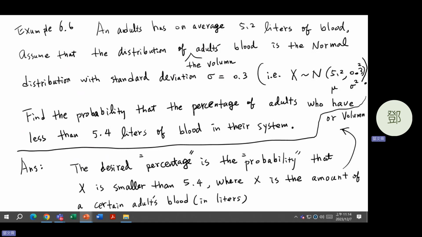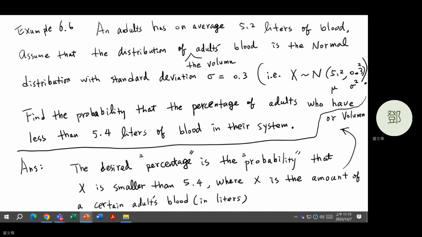Mu. Mu and mean sound very similar, right? So average means mean, and it sounds very close to the Greek letter mu.